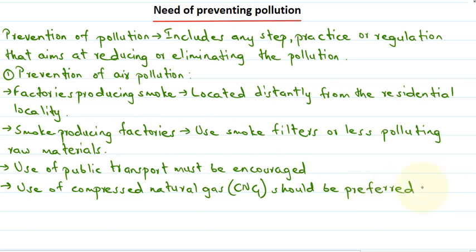Over petrol and diesel. Instead of using petrol or diesel, we must use CNG because it's a fuel whose combustion produces fewer emissions compared to all other fuels. Okay, so these are some steps that we can follow in order to prevent air pollution.